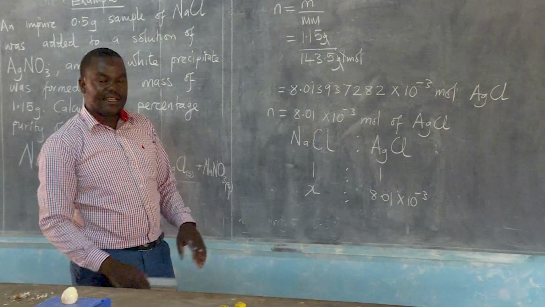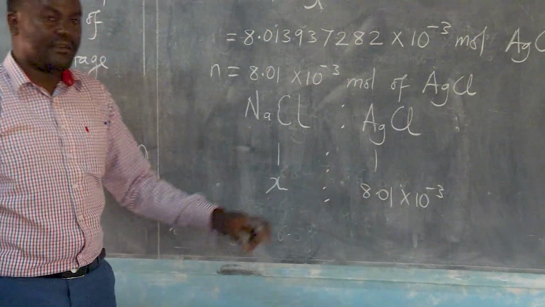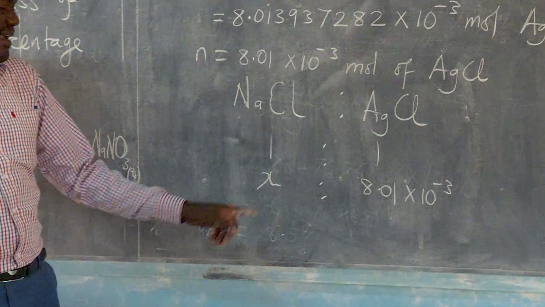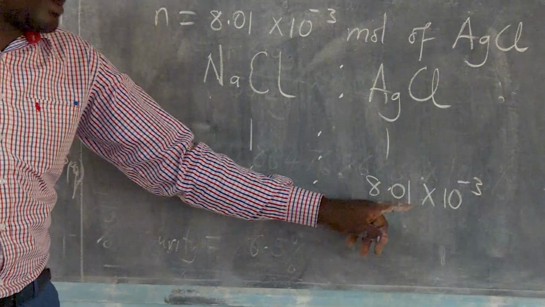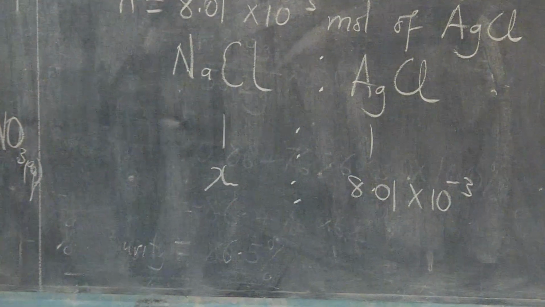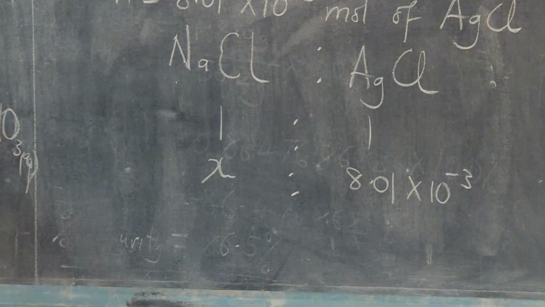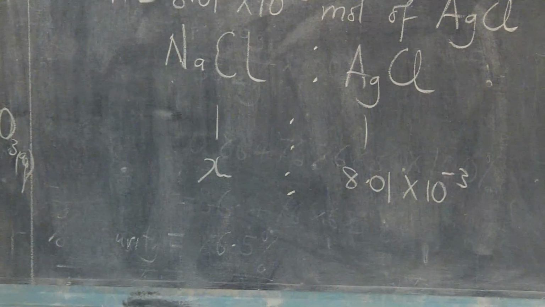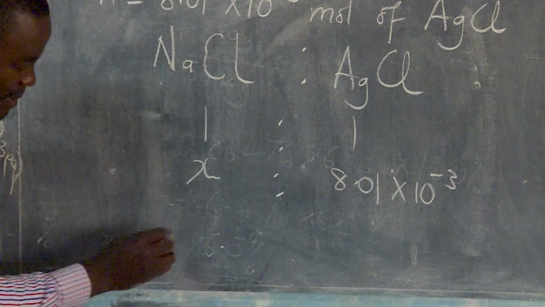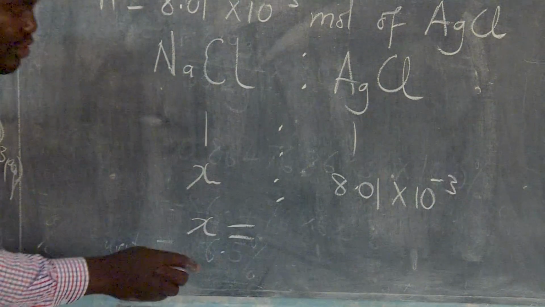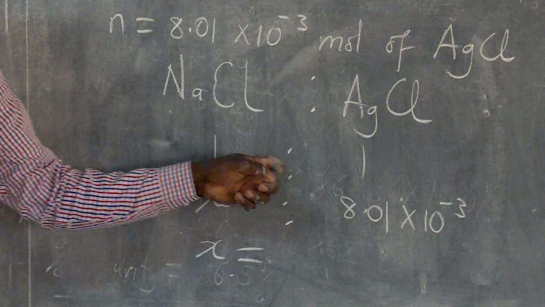So now, since our mole ratio is 1 to 1, even if we cross multiply, the value for X will be 8.01 to the exponent negative 3. We have to cross multiply there, although we don't show it because it is more like we are cancelling. So the value of X will be equal to this same value because the mole ratio is 1 to 1.